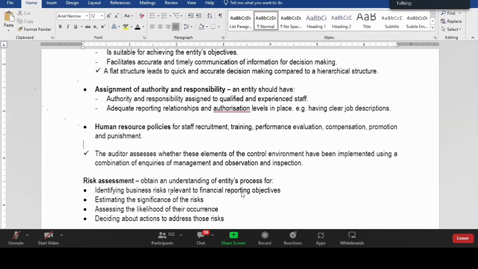Two, estimating the significance of these risks, which are high risk and low risk areas. Three, assessing the likelihood. Likelihood is the probability of these events taking place.